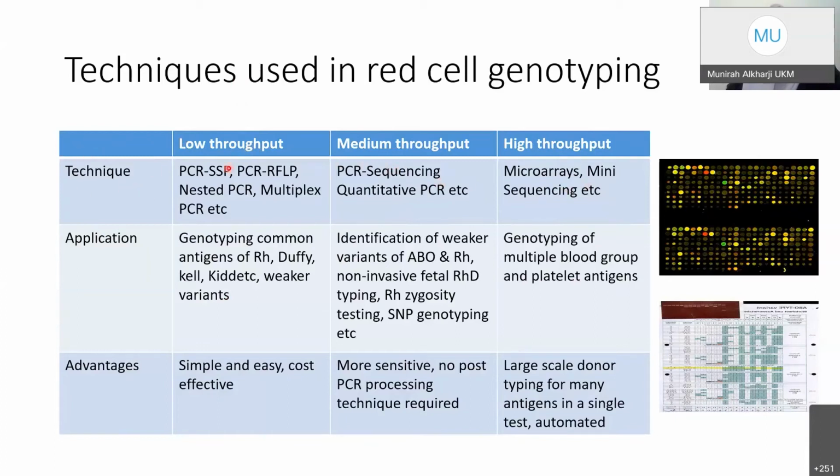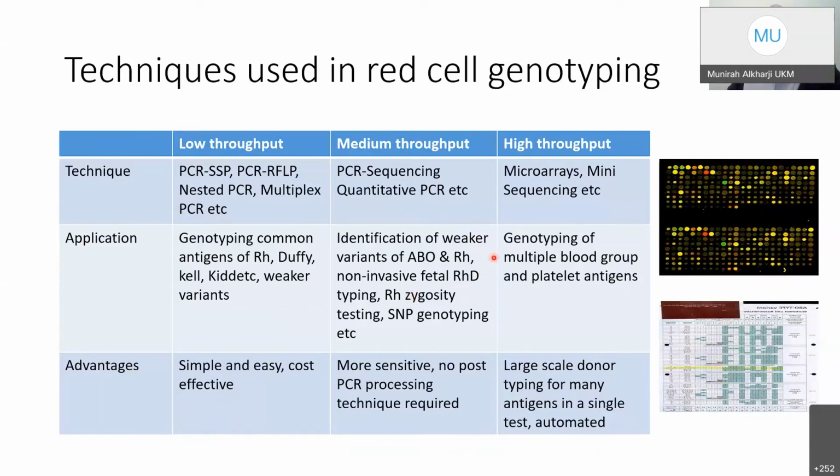For the low throughput, the techniques are PCR-SSP, PCR-RFLP, nested PCR, multiplex PCR. For the medium throughput, PCR sequencing, quantitative PCR, and for high throughput, microarray and mini sequencing. For the application, for low throughput, usually we want to see common antigens like RH, Duffy, Kell, Kidd, and others.